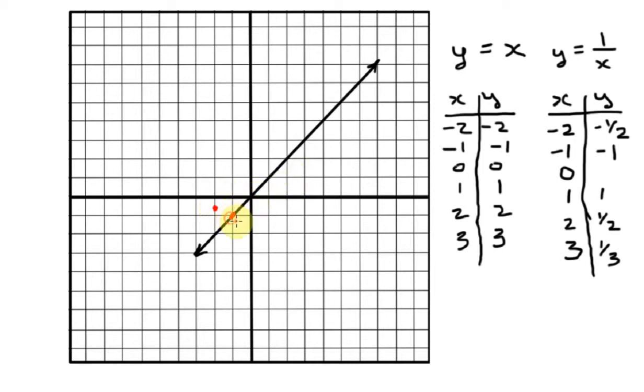Well, that point hasn't moved. Then we got this weird thing going on at (0, 0). And then we got the point (1, 1), hasn't moved. Then we've got the point 2, which only goes up 1/2. And then we got the point 3, which goes up about 1/3. Okay, so very strange stuff is going on here.